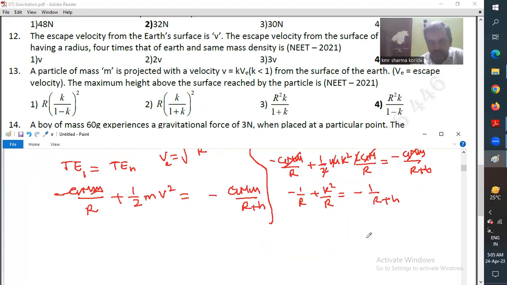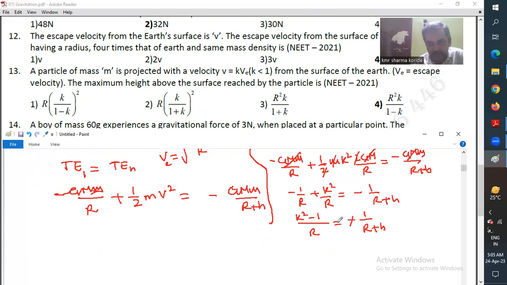Now let us try to simplify this. Here R is the LCM. This is going to be k square minus 1 by R is equal to minus 1 by R plus h.